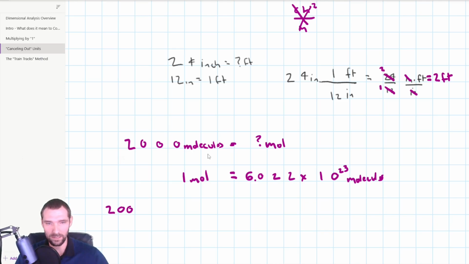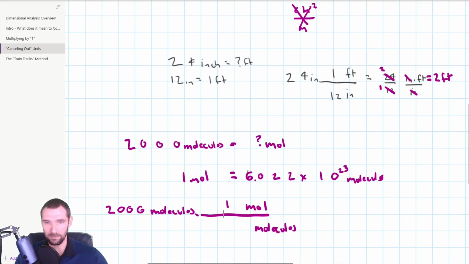So if we're trying to figure out this fraction, what you would do is you would take your units that you have, the molecules, and you would set up your conversion factor so that you have molecules on the bottom and you've got moles on the top. And in 1 mole, we have that many molecules.